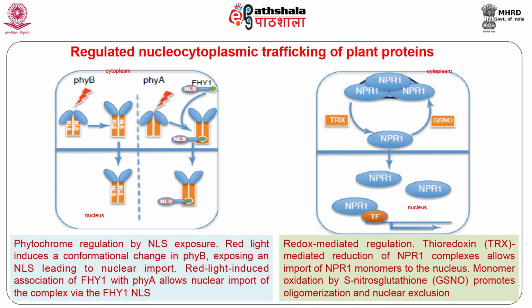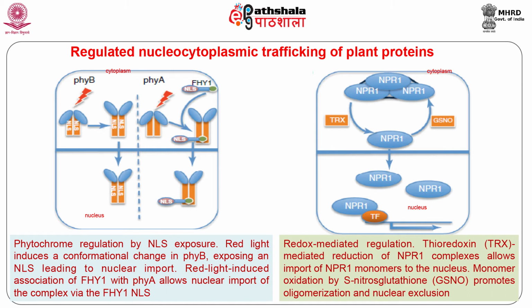Next few slides will describe nucleocytoplasmic trafficking of proteins. This protein trafficking is a highly selective process and is very important in plant signaling pathways. There are many pathways involving nucleocytoplasmic trafficking, but none of them are mutually exclusive.